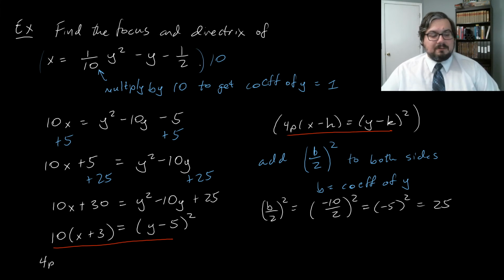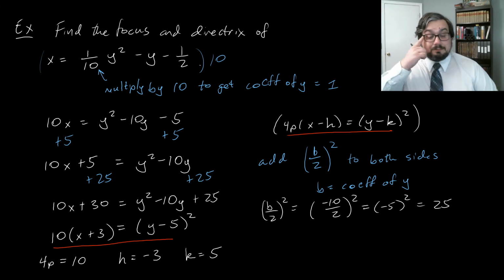So now we have that 4p is equal to 10, h is equal to negative 3, and k is equal to 5. Remember, in the formula, we have x minus h and y minus k, so the h and k appear with signs opposite to what they do in the formula above.